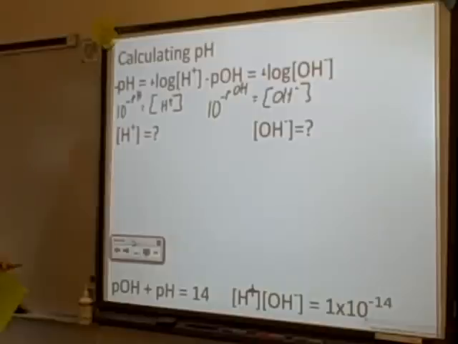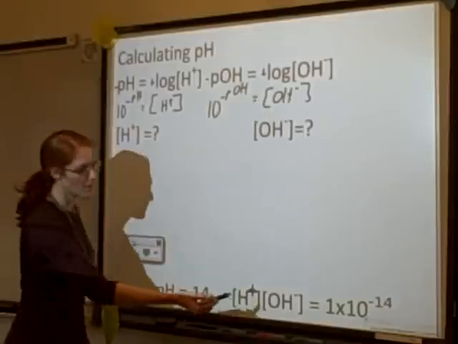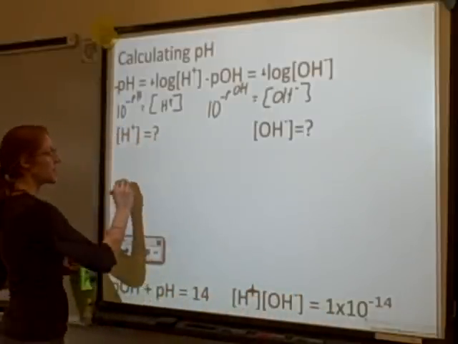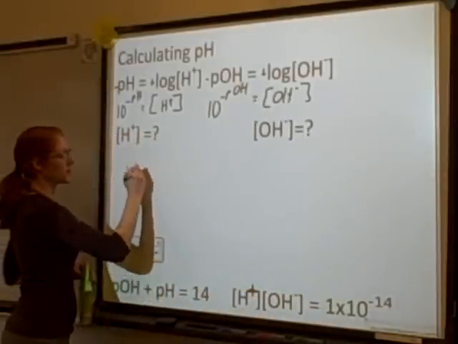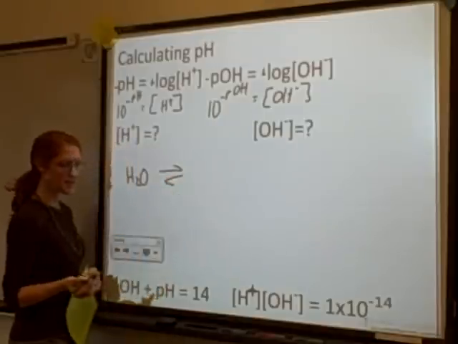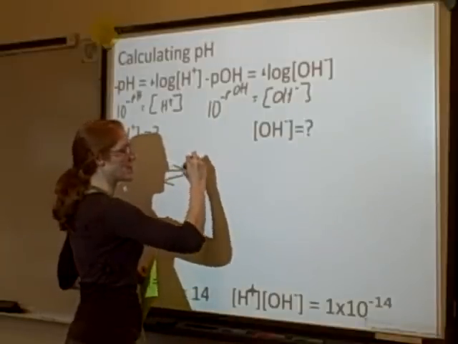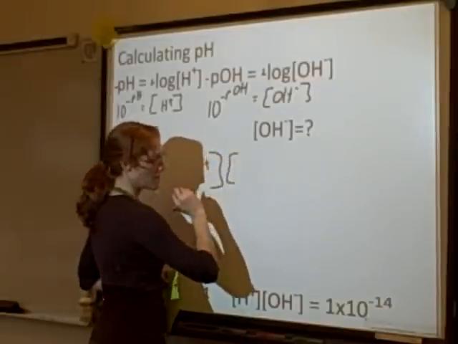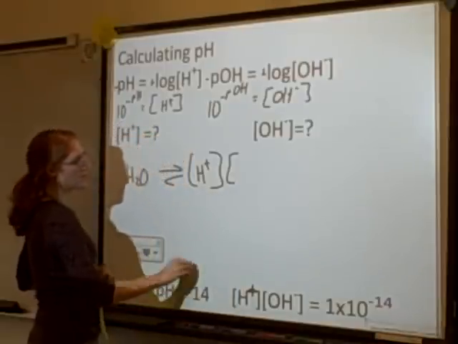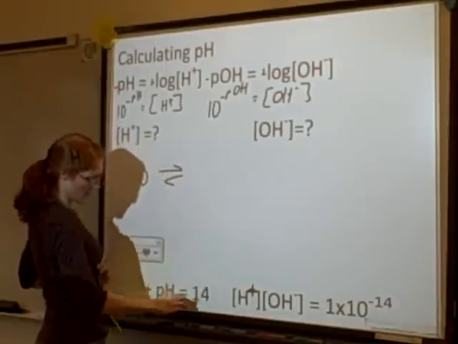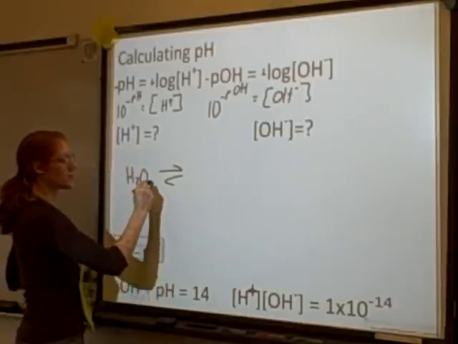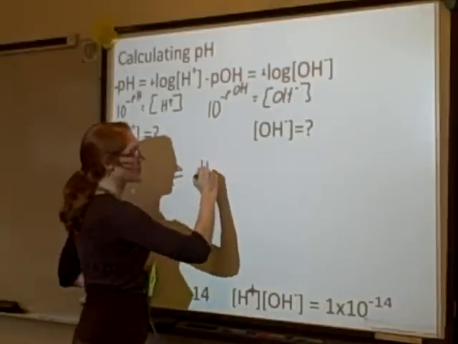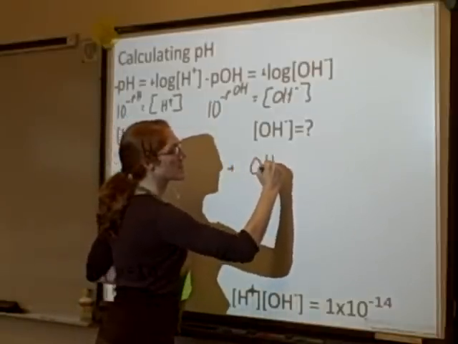You don't have to memorize these two either, but you do have to remember they're there so you can use them. And the reason they work is this is a K constant. This is saying water always has this equilibrium of H plus ion, or I could have had 2 waters and made hydronium. But I'm going to write this as a normal person would, and have water, which is a liquid, in equilibrium with H plus and hydroxide.